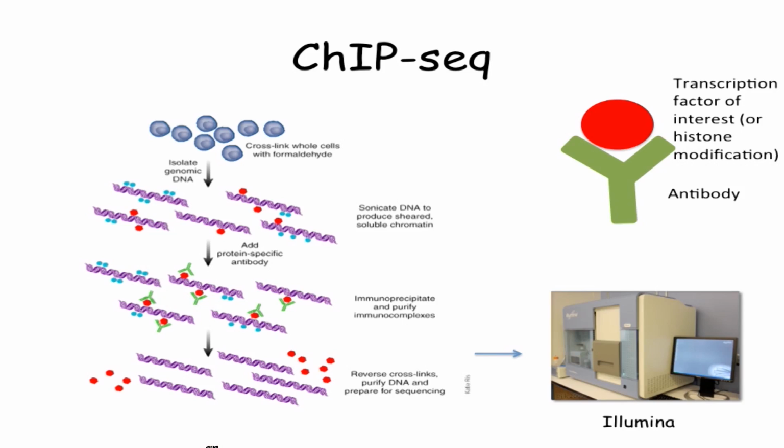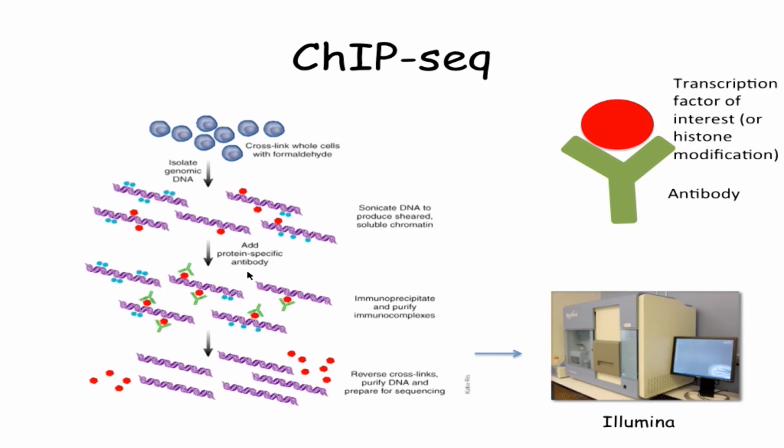Once you've done the cross-linking, you isolate DNA from your cells, right? And the next step is to chop your DNA into small pieces, and you do that using a process called sonication. Essentially, you use ultrasound as a way to damage and destroy the DNA, cut it into pieces. You add an antibody that's going to recognize a protein of interest, right?